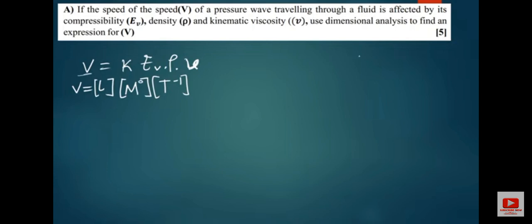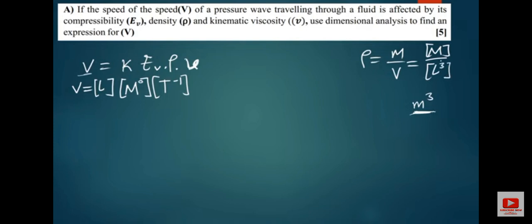So how do you find the dimensions for density? We know density is equal to mass over volume. The dimension for mass is capital M. Volume is measured in meters cubed, and meters is simply length, so we have length to the power 3.